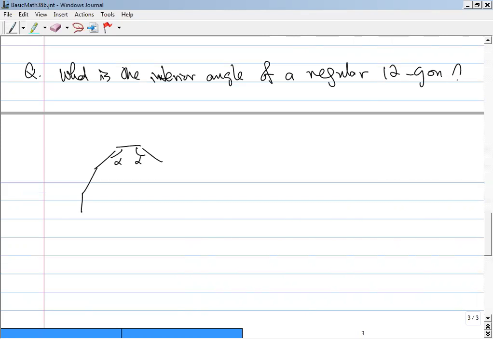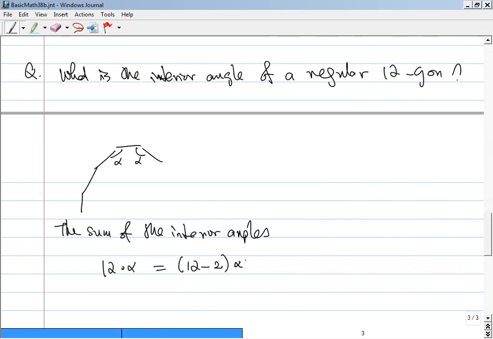The sum of all the interior angles is going to be, because you assume it has n sides, and here n is 12, so 12 times alpha. But on the other hand, this can be 12 minus 2 multiplied by 180 degrees.